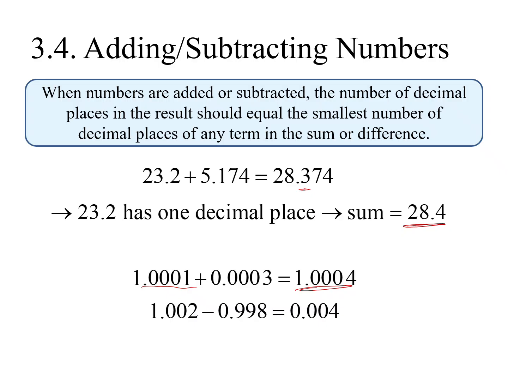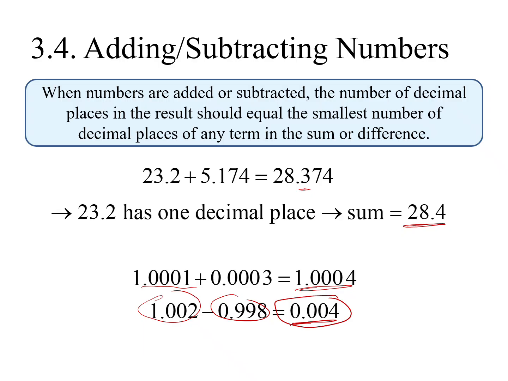Again, both have 3 decimal places, so our final answer should have 3 decimal places. Now here, if you just look at the number of significant figures, in this one we only have 1 significant figure compared with the significant figures of these. So the thing that we focus on is not significant figures when it comes to addition or subtraction.